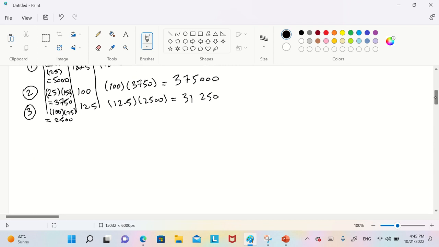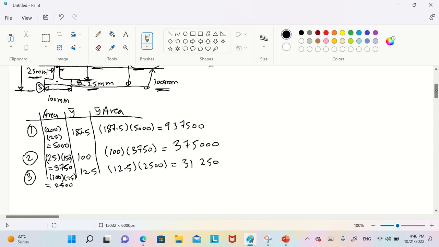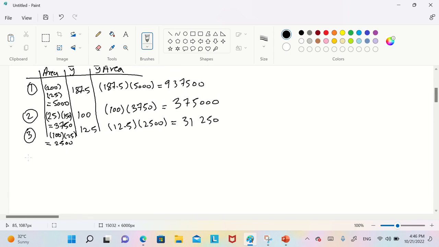Now to find the center for the whole thing, you will add the whole area: 5000 plus 3750 plus 2500. You will get 11,250.